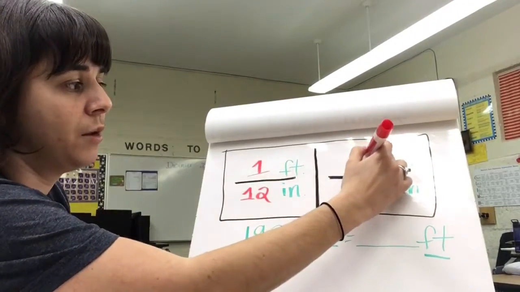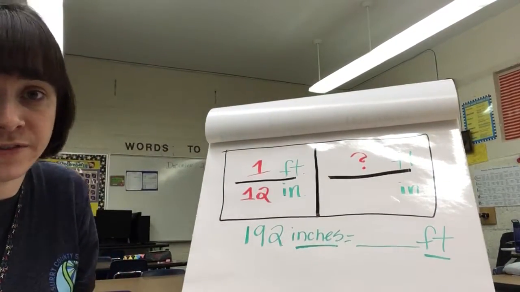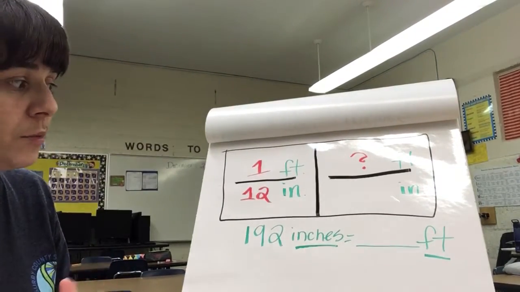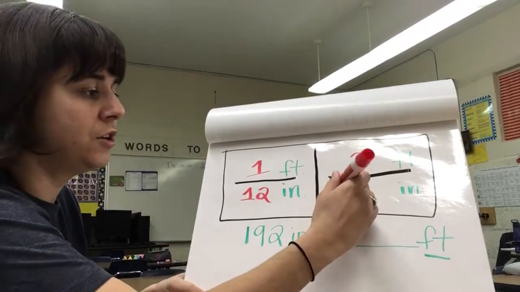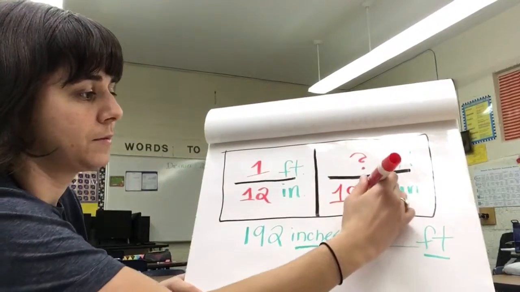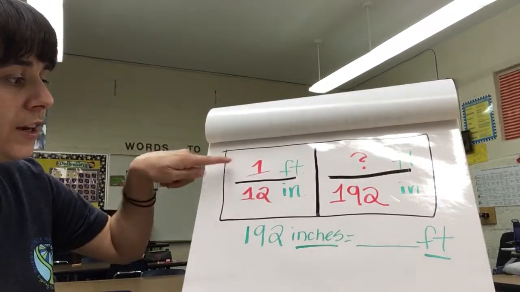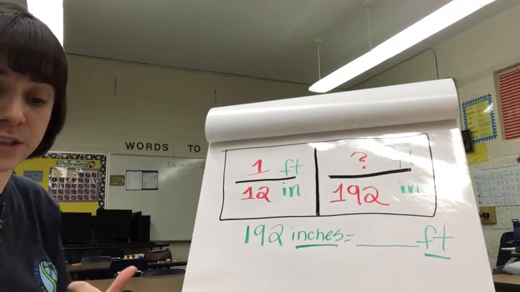I might represent that with a question mark. You could put an X, like it's called a variable, you're not sure. You could just circle it, whatever you want to do. Leave it blank, that's fine. My problem tells me that I have 192 inches. So I need to figure out, if 1 foot is 12 inches, how many feet are 192 inches?